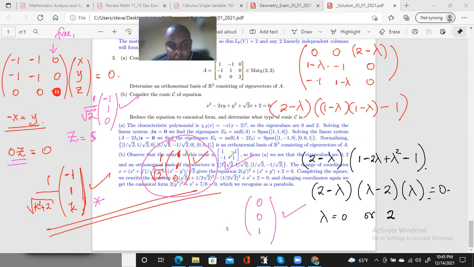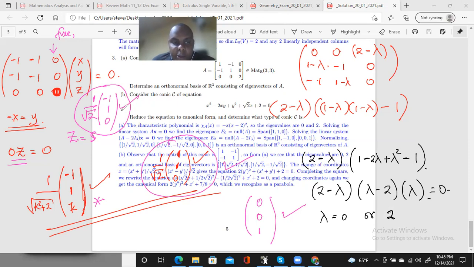But they wrote 1 divided by square root of 2, then minus 1 divided by square root of 2 and 0. It's the same thing. That is the same as this one. Because remember, a basis has to be dependent, right?